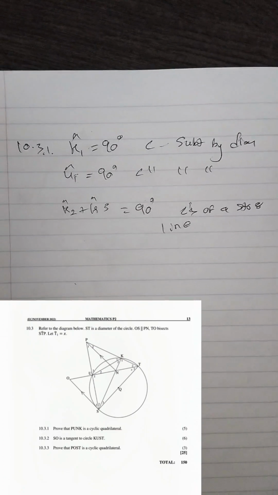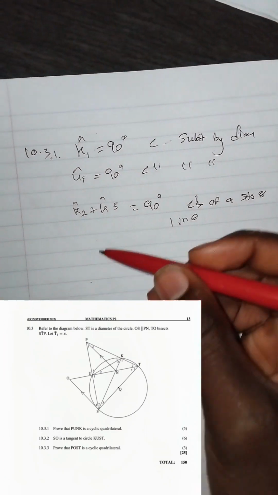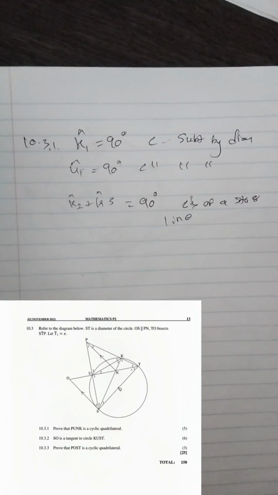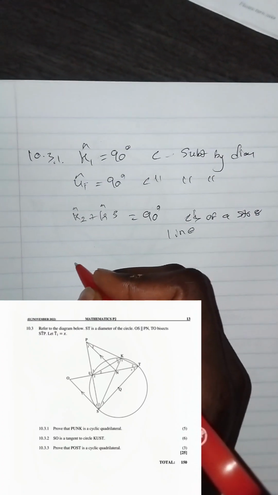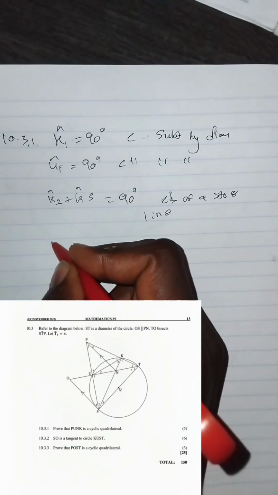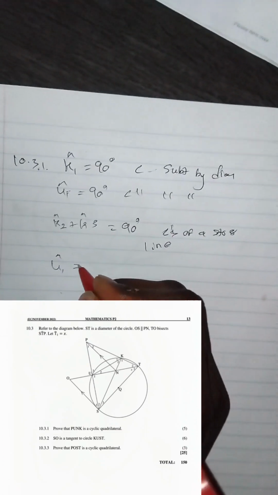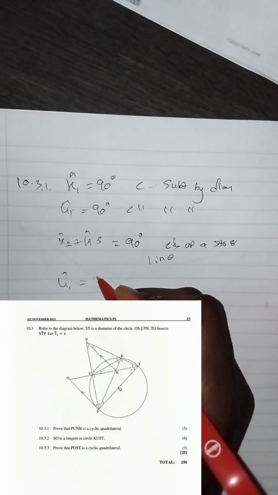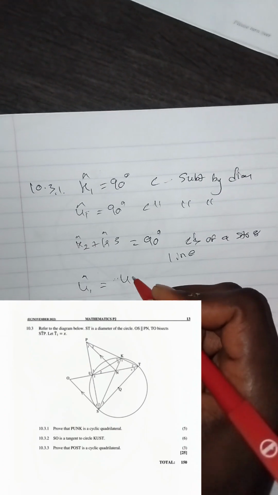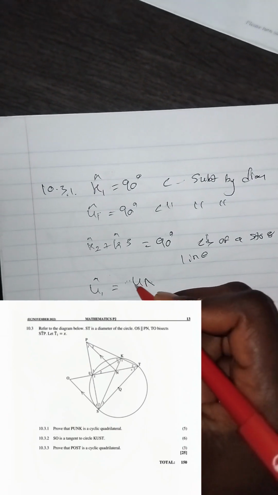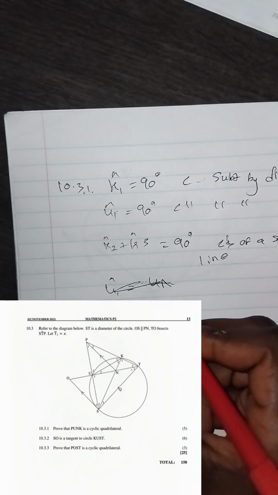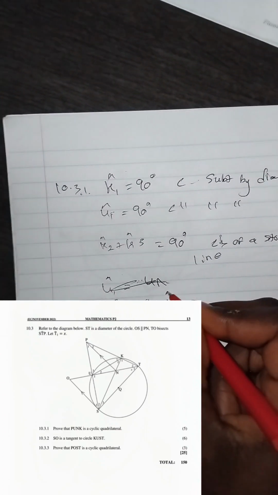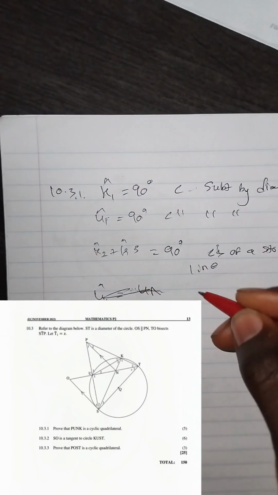Exterior angles of a cyclic quad. If K2 plus K3 are equal to 90 and U1 is equal to 90, meaning PUNK is a cyclic quad, because U1 is equal to NKP, which is K2 plus K3.